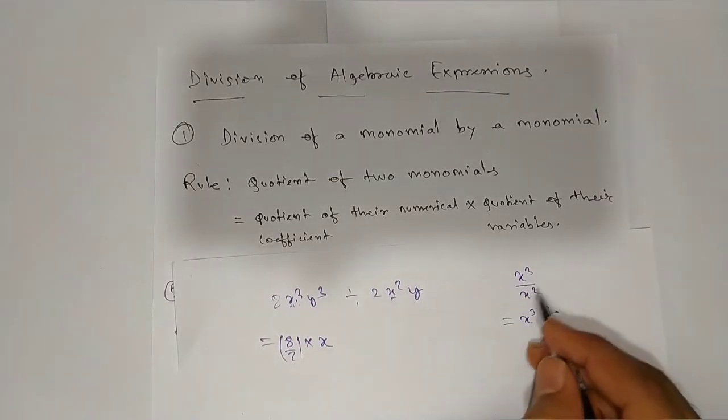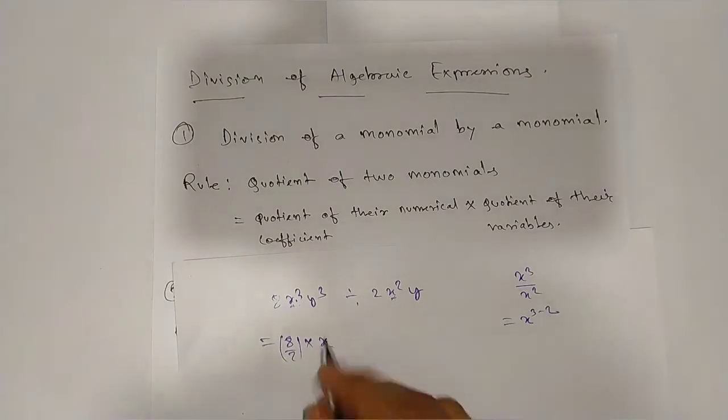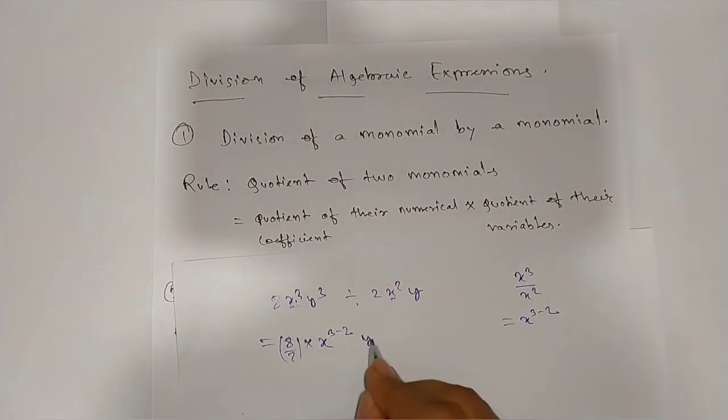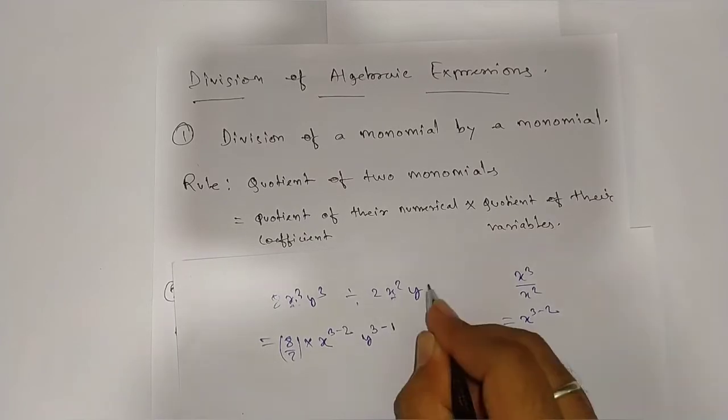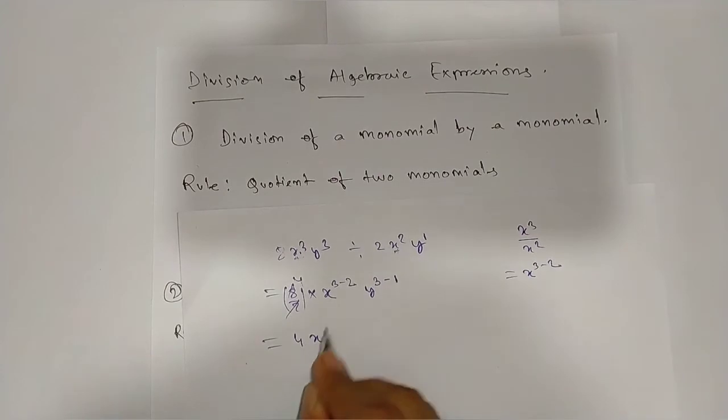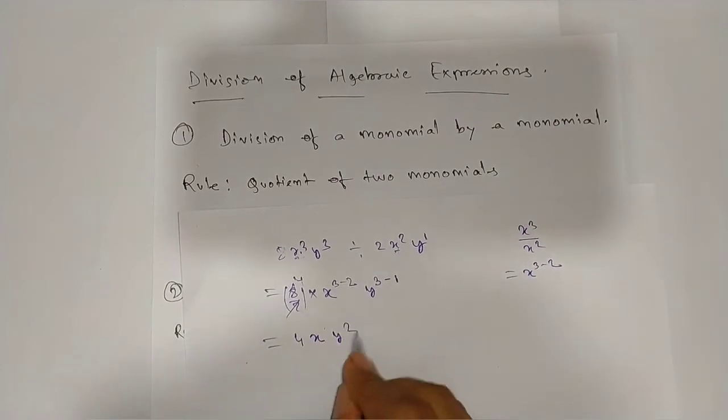When the base is the same and we divide, there is a subtraction. So we do 3 minus 2, and for y, y cube minus 1, because there is a 1. After that, 8 by 2 we get 4, so 4 x to the power 1 and y square. This is your answer.